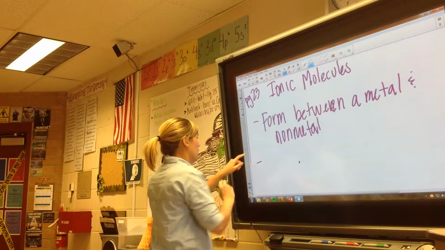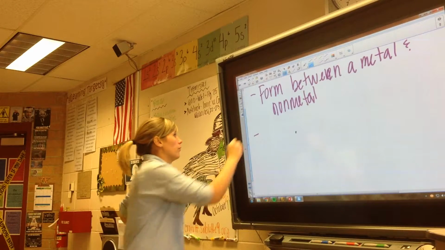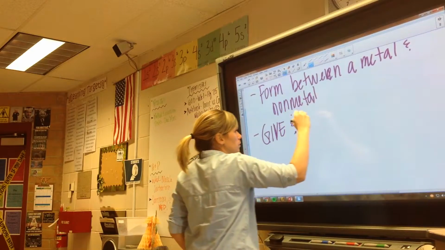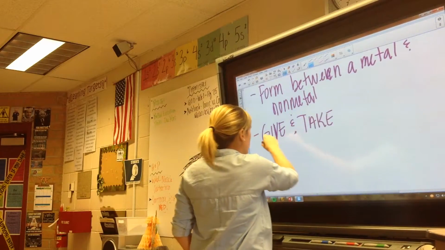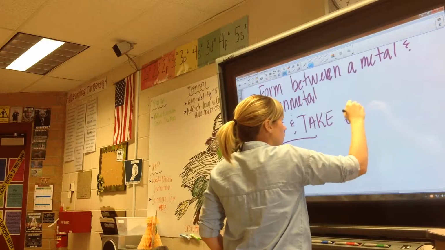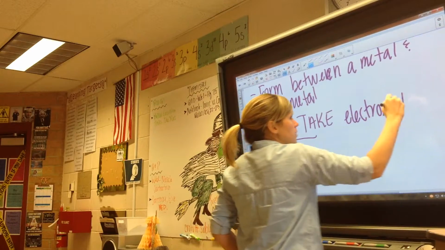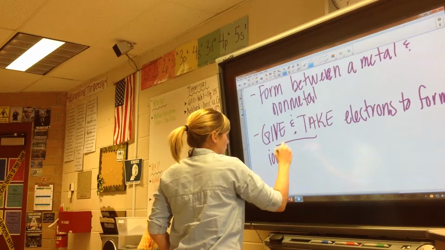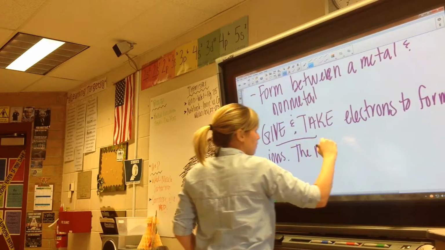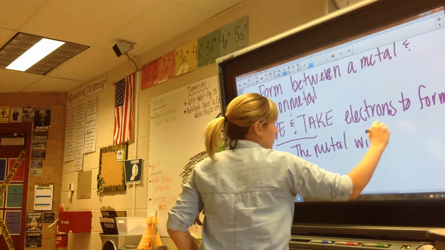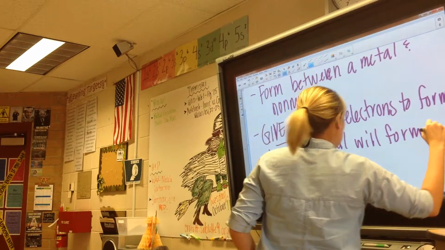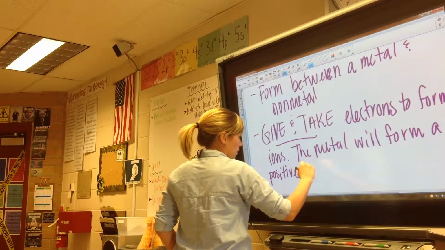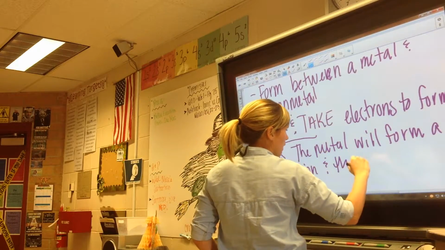So how this works is instead of sharing their electrons, they are first going to give and take their electrons. This is the important part of that. Give and take electrons to form ions. The metal will form a positive ion. And the nonmetal will form a negative ion.